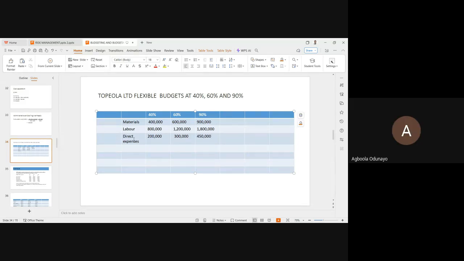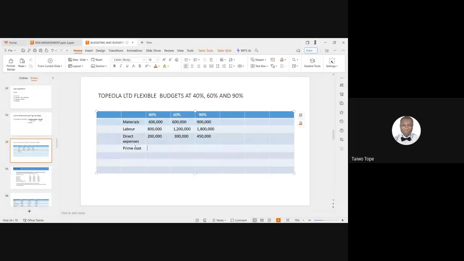Prime cost. Very good. If you want to show your understanding the more, you can add these three variables together, come up with a total and term it as prime cost.